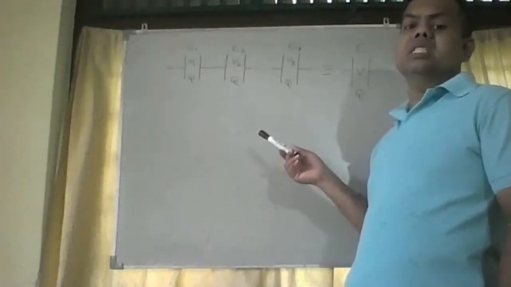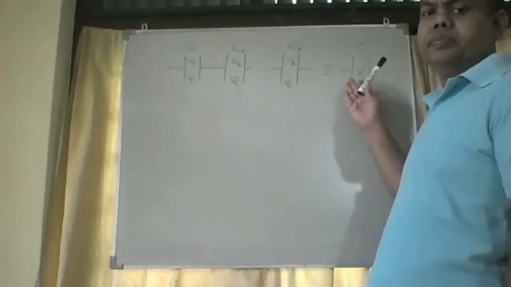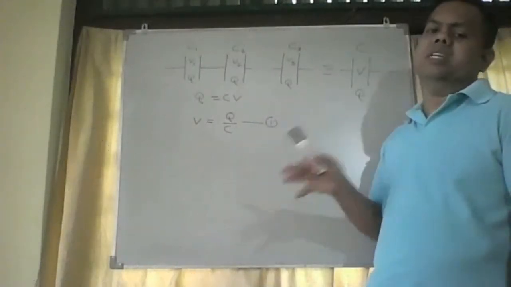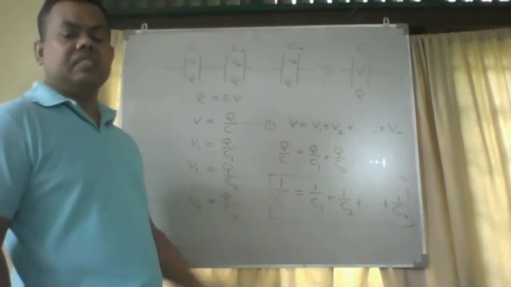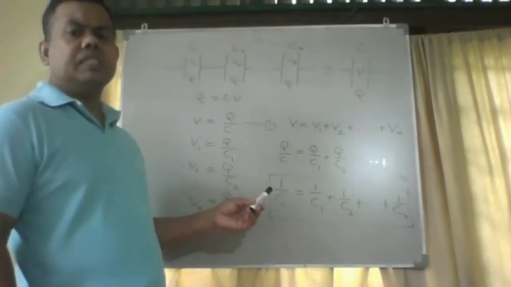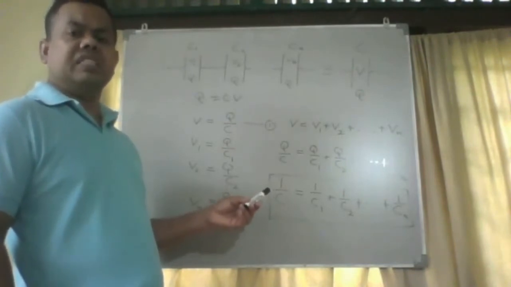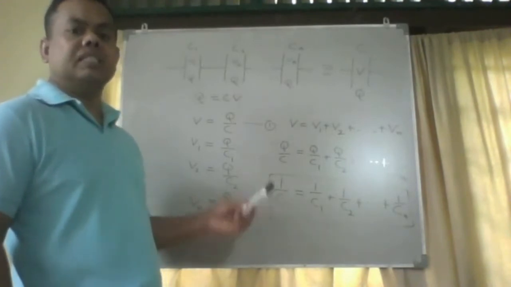Applying Q equals CV for the equivalent, by symmetry, we can write down the following relationships. This relationship is analogous to the relationship of resistors when they are connected in parallel.